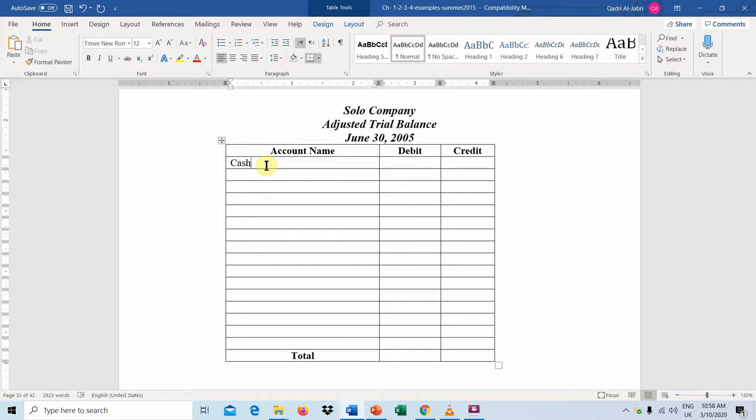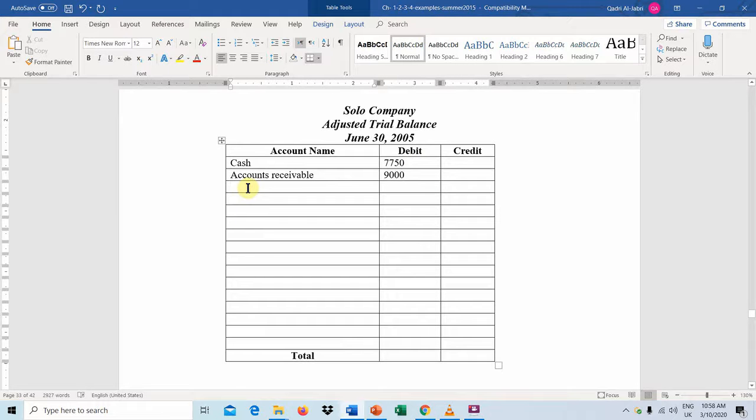So I will start with cash, which has a debit balance of 7,750, and the second item, accounts receivable, that has a balance of 9,000.